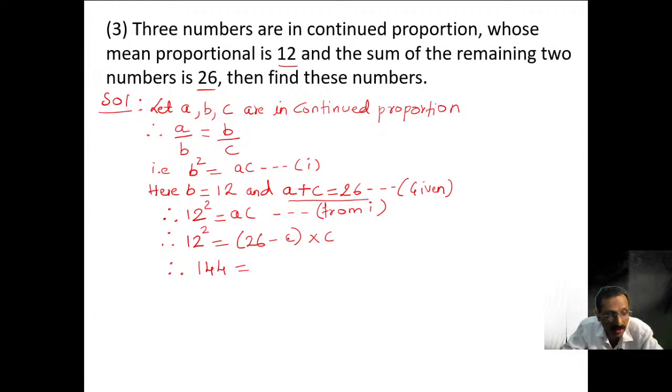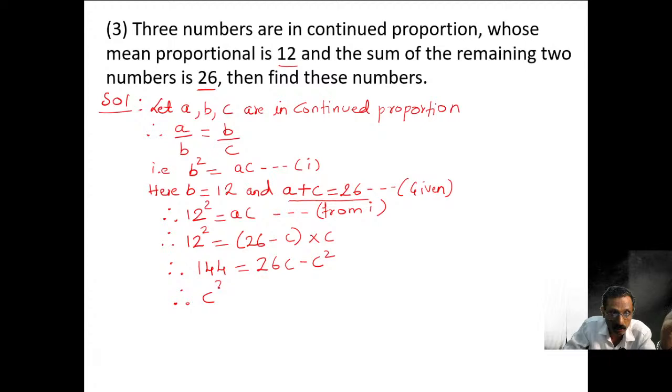Now very carefully we have to see this, 26C, and what I get here, minus C into C gives me C square. Now let us rearrange these terms. I bring the C over this side, so it becomes C square, and 26 to the other side, I get minus 26C.